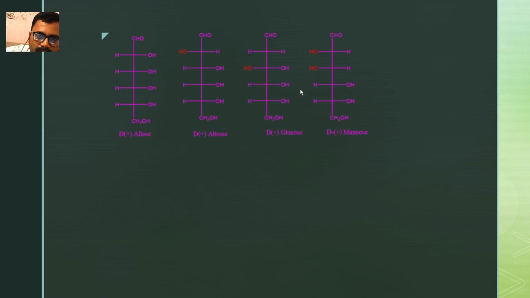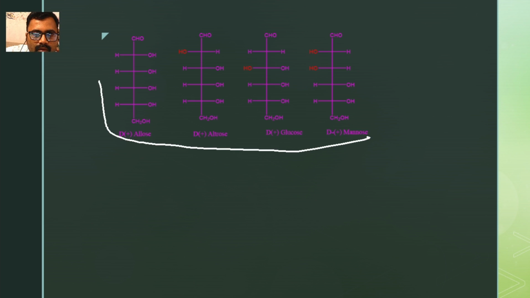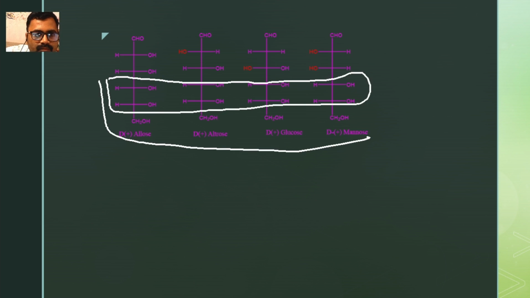Then the other is D-mannose, in which the 2 and 3 OH groups are present on the right hand side. So in the first 4 structures we observe that we never change the configuration of the C4 and C5 OH groups, so they remain constant.